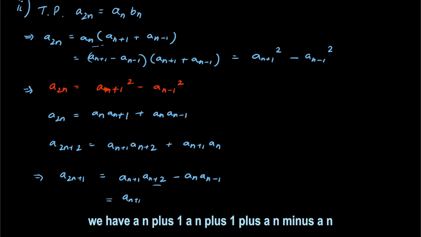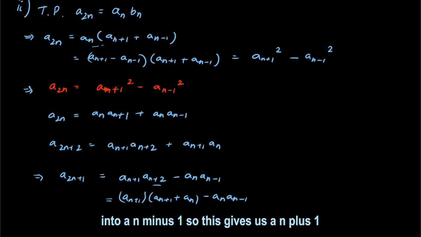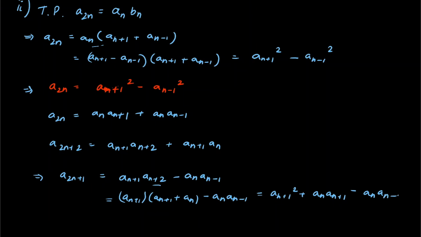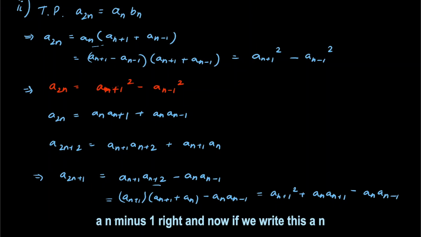So we have An plus 1 into An plus 1 plus An minus An into An minus 1. So this gives us An plus 1 squared plus An into An plus 1 minus An into An minus 1, right?